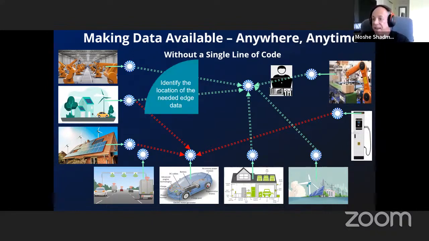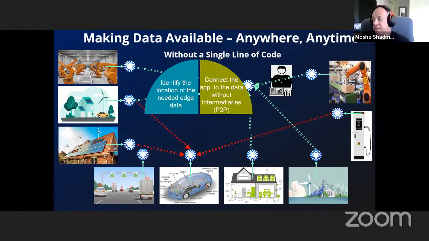So what's happening under the hood is, when a query is being issued, we identify the location of the needed data at the edge. We could have millions of nodes in this model. When a query is issued, we identify where the relevant data resides, and I'll show you more details of that. Then it's all a peer-to-peer play.